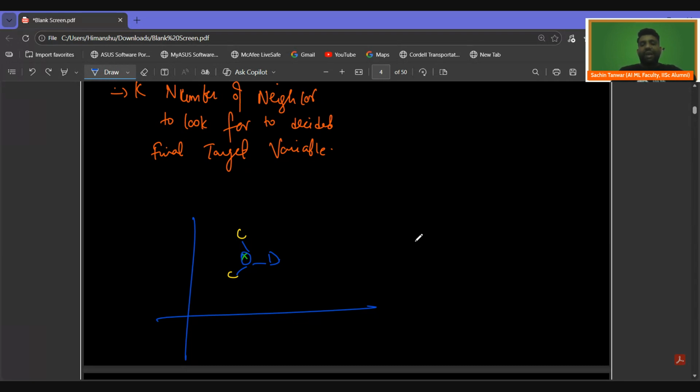I hope that idea is clear. I just look at the nearest neighbors, take whatever their target variable was, and apply an aggregation, which can be a mean or a median if that's important for us. Based on that, we return the target variable for this query data point. This is the idea for KNN.